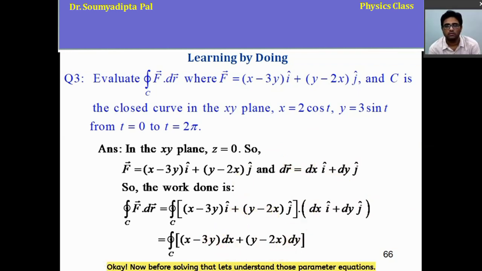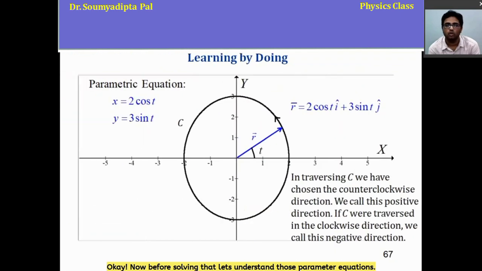Okay. Now before solving that, let's understand those parametric equations. If we plot them in the xy plane, it will be like this ellipse, and the line integration has to be done along this closed path C, which is the circumference of this ellipse, right?